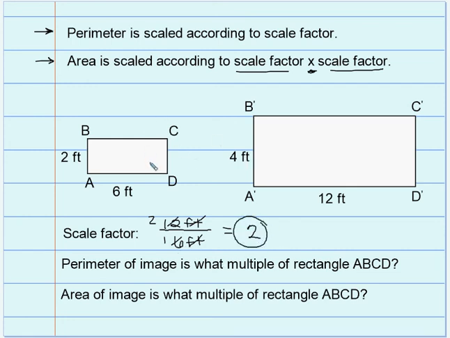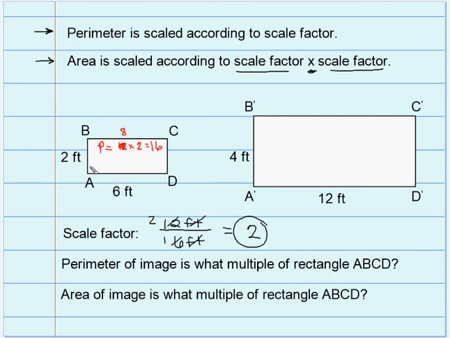Now if we go back to these two figures, if I calculated perimeter, that would equal 6 plus 2, 12, times 2, 12. That's not 12. This is 8 times 2, which would be 16. I got that times 2 in my head, and I went ahead and multiplied 6 times 2 instead of just adding them.